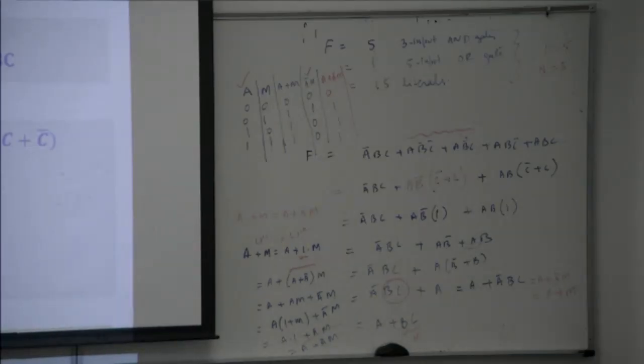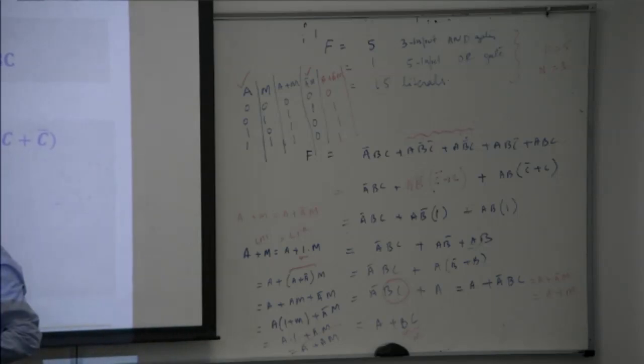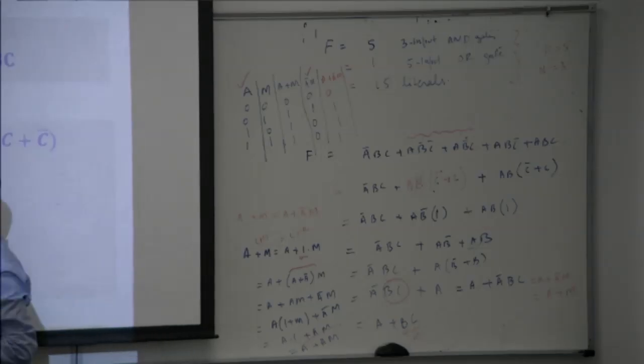We have less delay and a smaller number of gates. For the same function, we needed five 3 input AND gates and one 5 input OR gate. But for this implementation, how many gates? One AND gate, one OR gate. How many literals? 3 literals. So now we have reduced the number of literals.